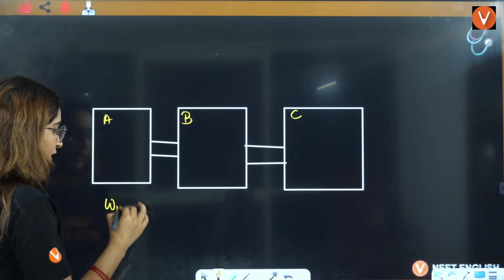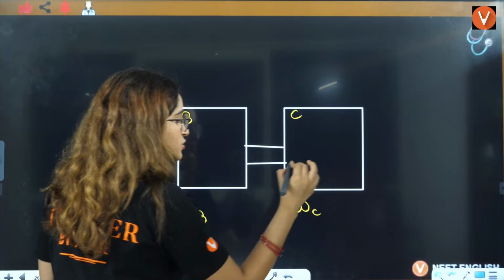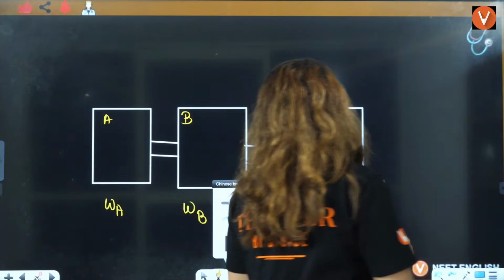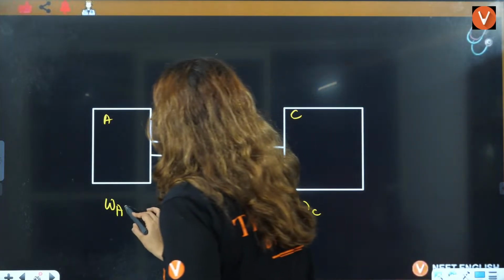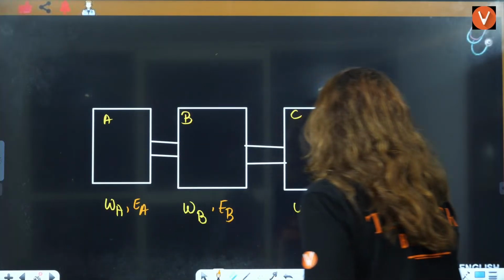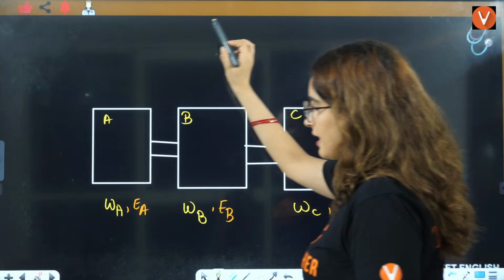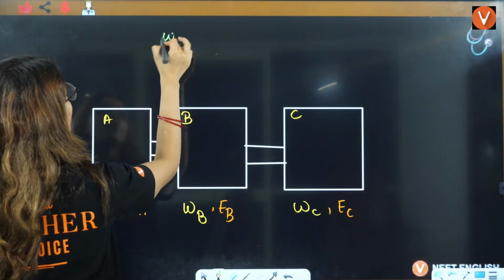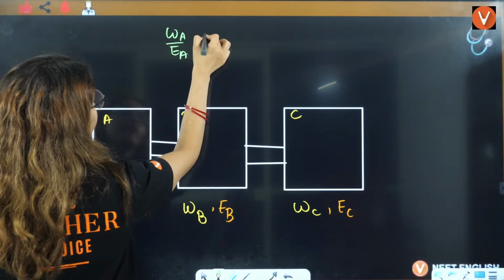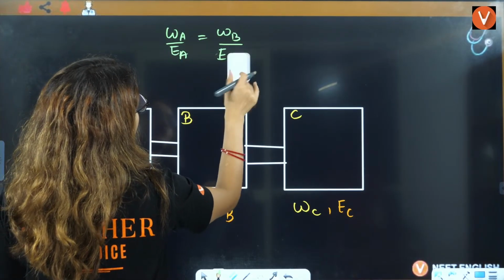This is the weight deposited on A, this is the weight deposited on B, this is the weight deposited on C. Let's say this is the equivalent weight of A, this is the equivalent weight of B, this is the equivalent weight of C. Then according to Faraday's second law, the ratio of weight by equivalent weight of each of them will be equal to each other.